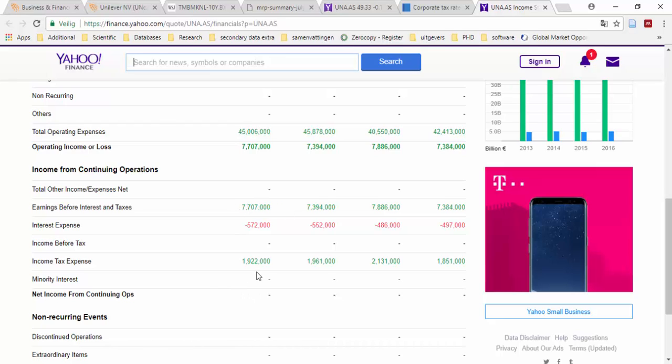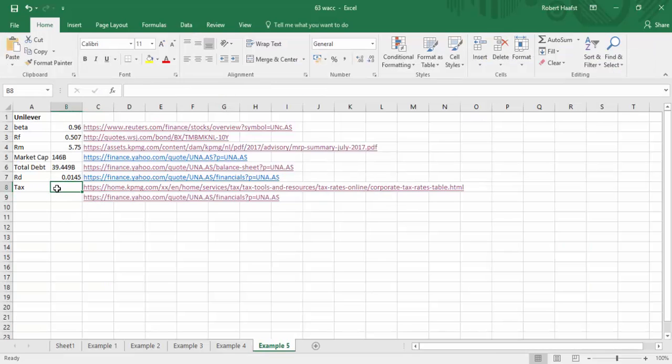So 1922 divided by 7719, and as we see, it's 24.9%, which should be more or less correct.